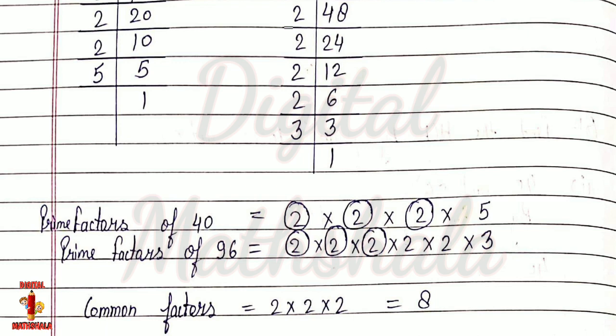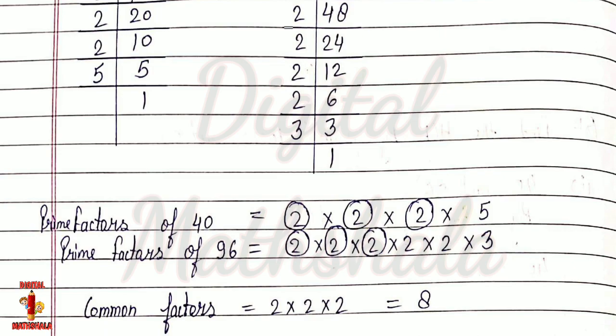Here we can clearly see that we have 3 pairs of 2 that are common. So the common factors are 2 multiply 2 multiply 2, and after the multiplication we will get 8. So we can say that 8 is the HCF of the given numbers.